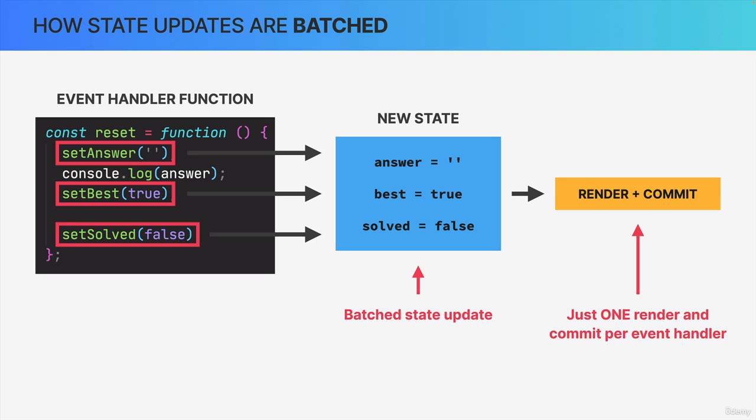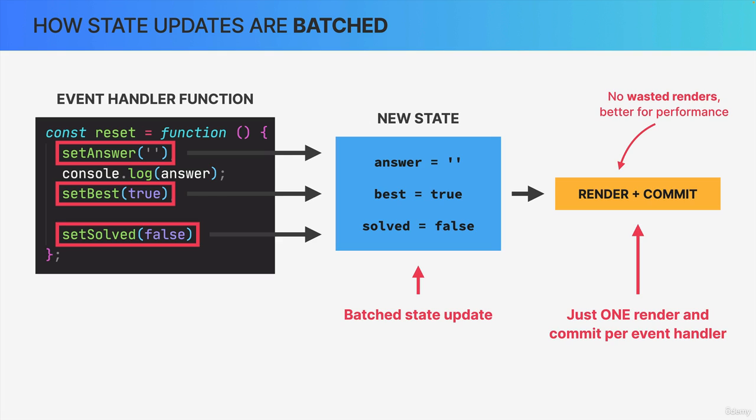Doing so would also create 2 wasted renders, because we're not interested in the first 2 renders, only the final one, which already contains all the 3 state updates. Therefore, the fact that React automatically batches state updates in this way is yet another performance optimization that React gives us out of the box.